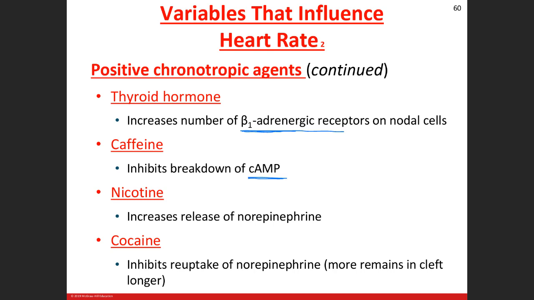Nicotine is going to stimulate the secretory vesicles to release that norepinephrine into the synaptic cleft. And then obviously cocaine is a reuptake inhibitor. It's just going to prevent norepinephrine from being broken down or taken back up into the presynaptic neuron and being packaged back up into the vesicles. So here are some of those examples.